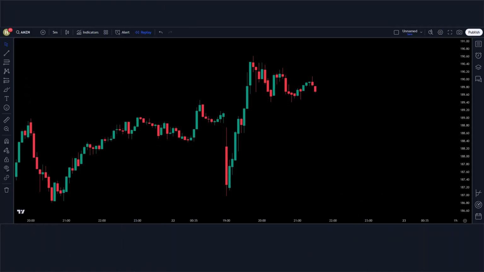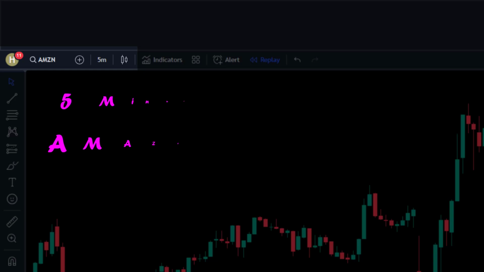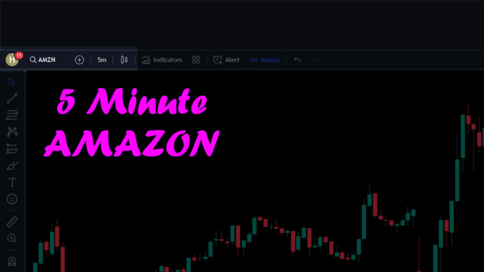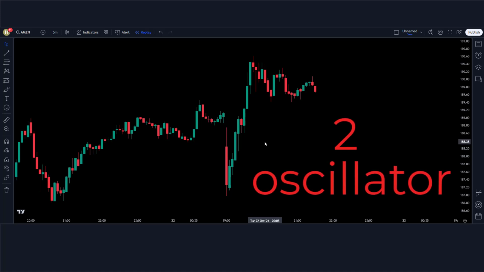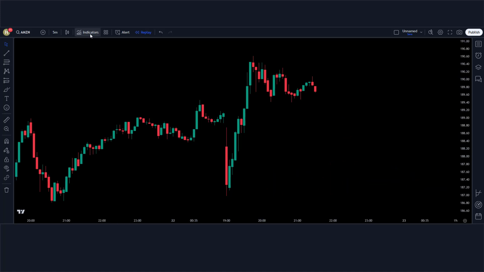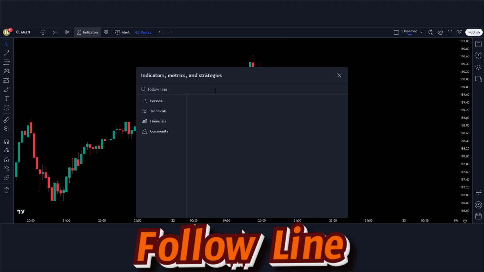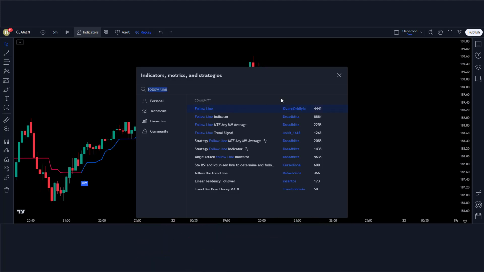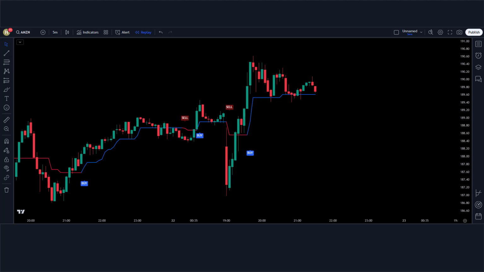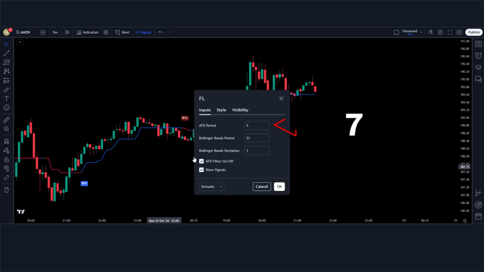So let's get started. Now let's create a trading setup. We are going to test this strategy on the 5-minute timeframe in the Amazon chart. In this setup we will require two indicators. The first indicator is named Follow Line. Keep the indicator settings as I have shown here.